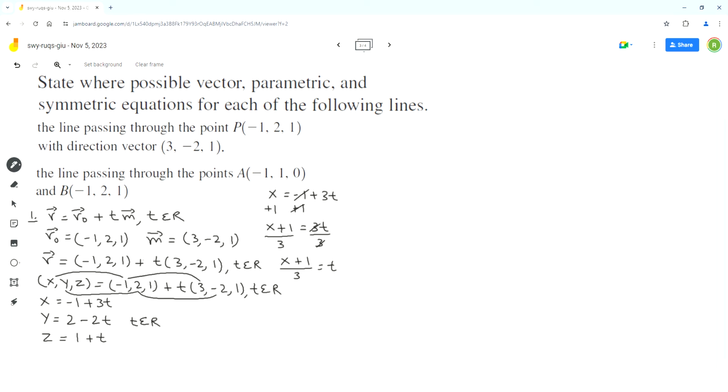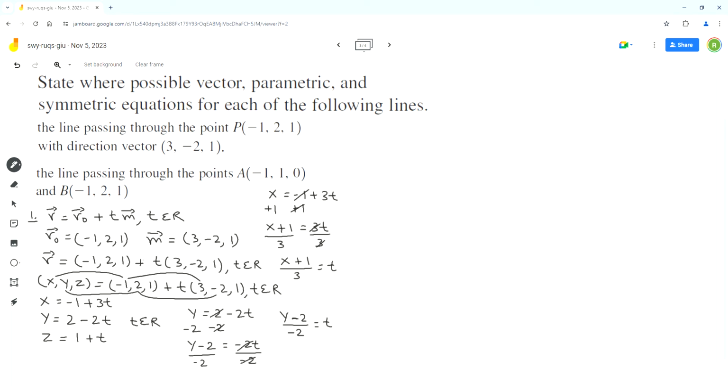Now we can do the same for the y equation. So this is the expression for t from the y equation.